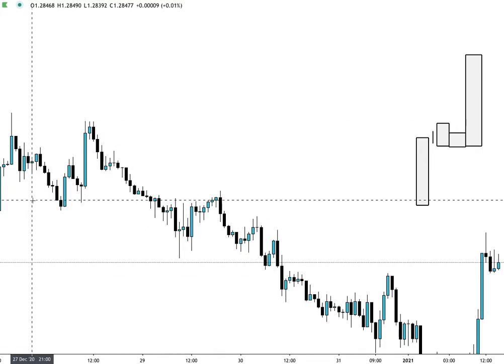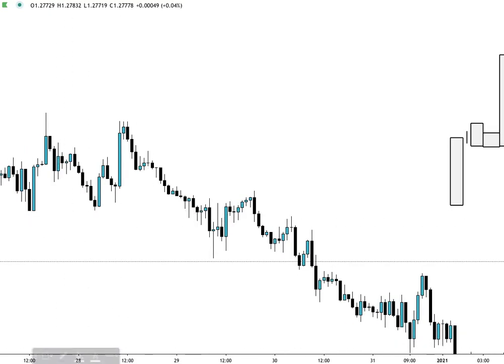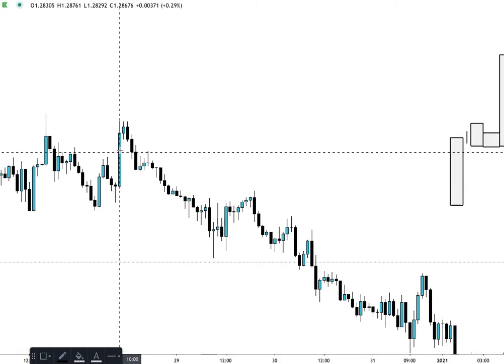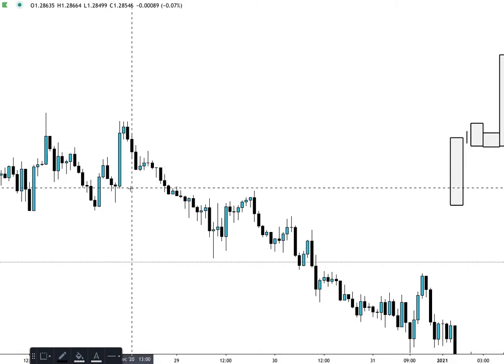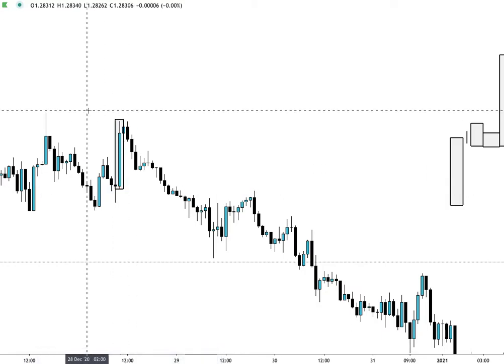So I do have an indicator for this, but let's use our eyes for now. Now, this would not be a basing candle because the body is more than the entire candle. The entire candle is from the entire wick, right?